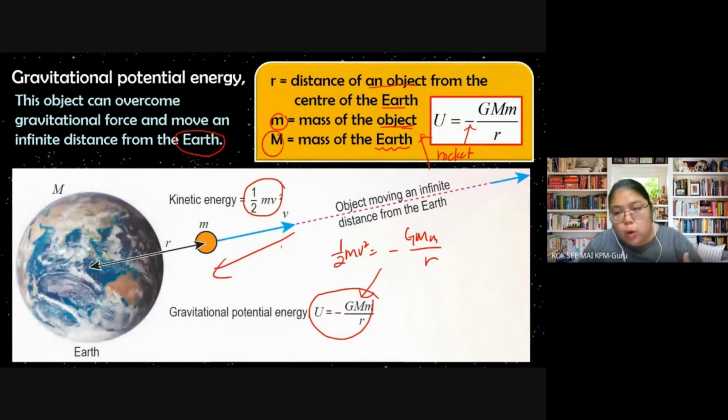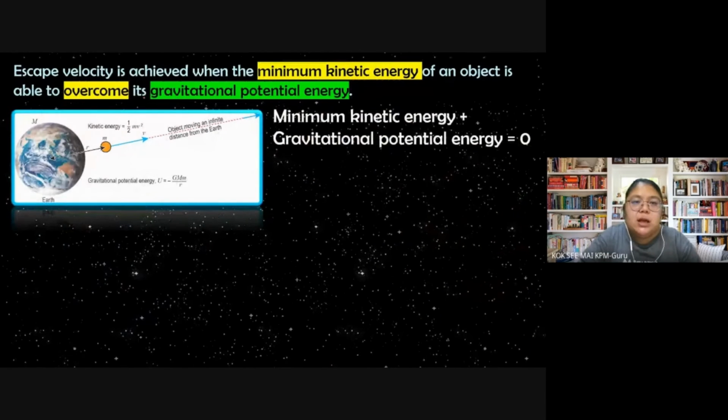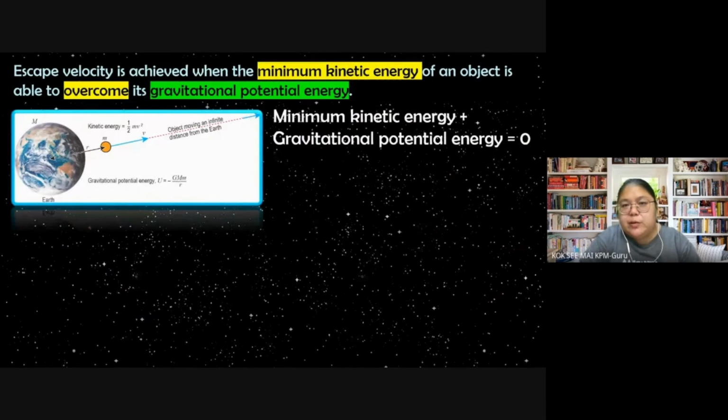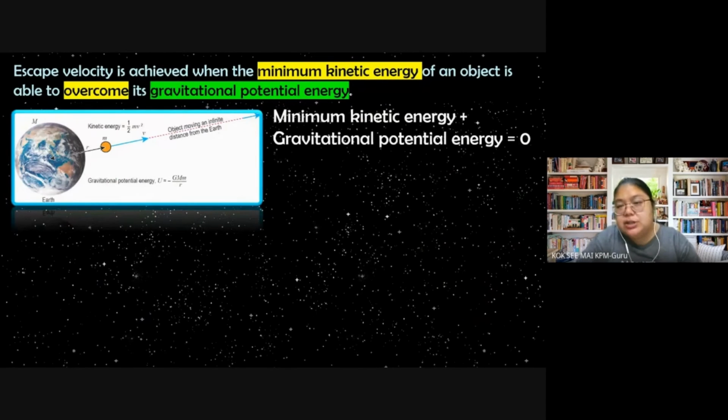If you overcome this energy, no problem, you can go to infinity. So what matters most is the V, because half m is a constant, the object's mass. Only the V you can adjust. Now you can see escape velocity. Escape velocity is achieved when the minimum kinetic energy of an object is able to overcome the gravitational potential energy.